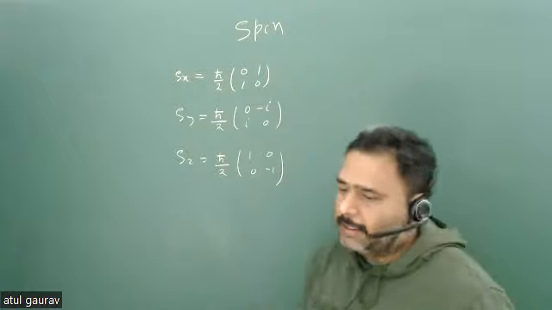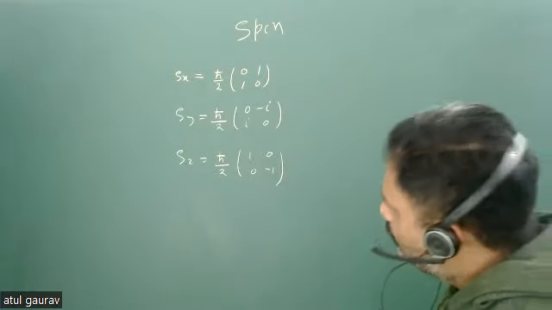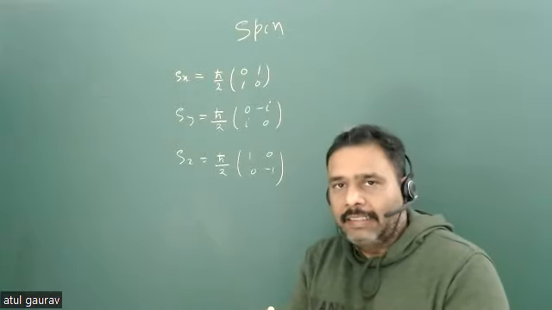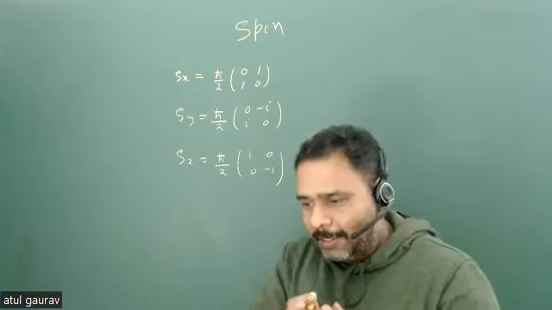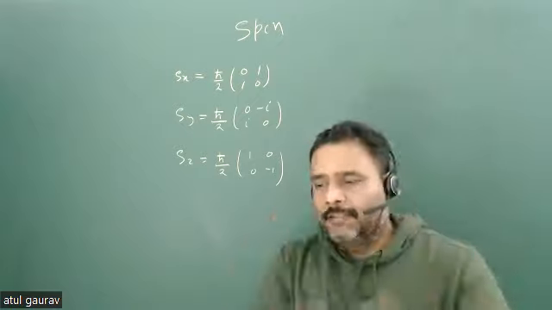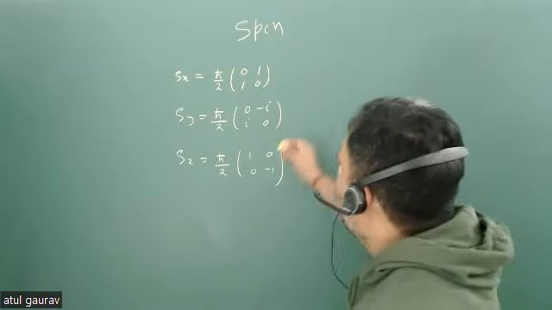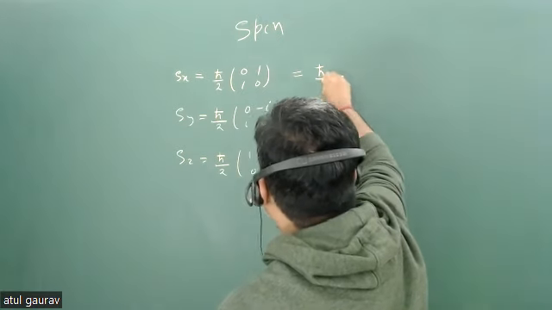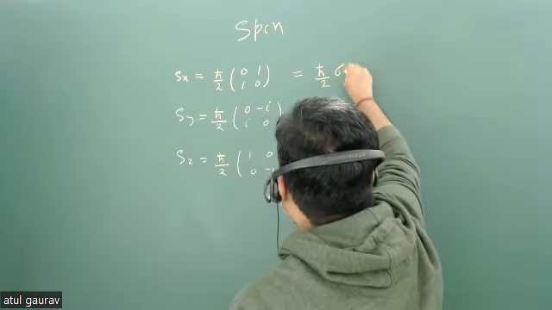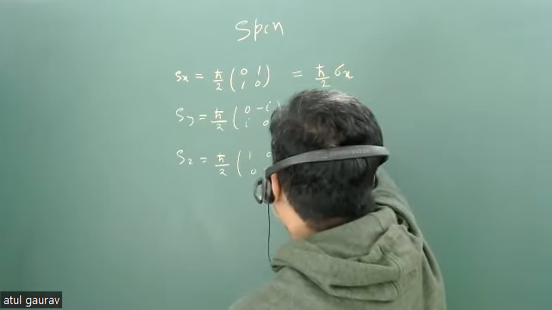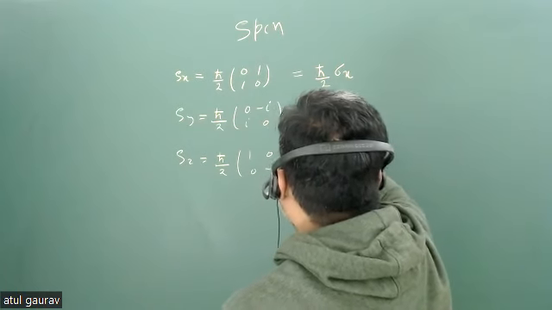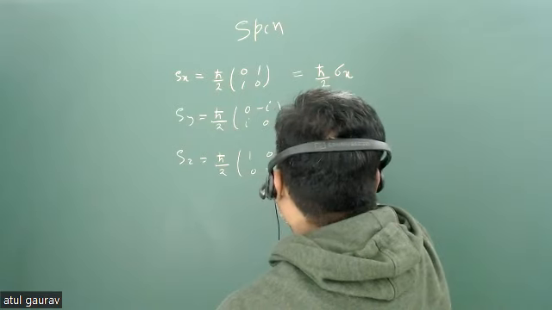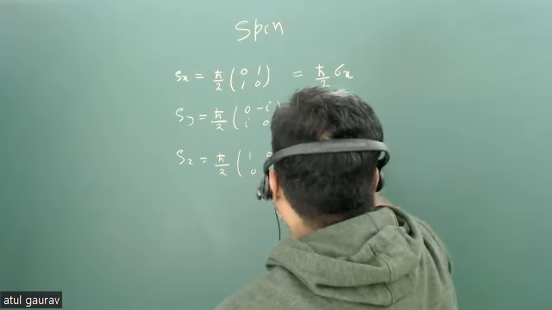So these three are my three components, which basically act in two-dimensional space along the direction of x, along y, and along z. So we have h cut upon 2 sigma x, h cut upon 2 sigma y, and h cut upon 2 sigma z.